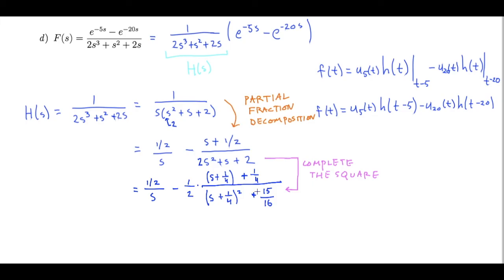Of course, I'll need to take the square root of this, and since it is instead s plus 1/4 squared, I recognize that I have multiplied my inverse transform by e to the negative 1/4 t. Anyways, like I said, let me go ahead and write out my little h of t and then talk through term by term.